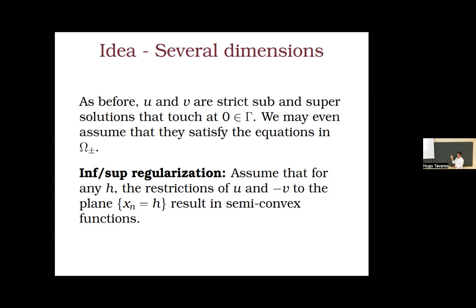So at the contact point, you are trapping these two solutions between two paraboloids, and then some elliptic regularity estimates tell you that if U satisfies an elliptic equation to the right, this is going to be a differentiable function at this point. Clearly, the gradient exists in the tangential direction.